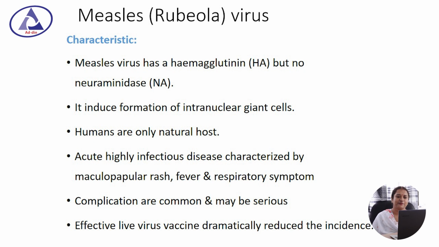It induces formation of internuclear giant cells. Humans are the only natural host. It is an acute highly infectious disease characterized by maculopapular rash, fever and respiratory symptoms. Complications are common and may be serious. It has an effective live virus vaccine that dramatically reduces the incidence.